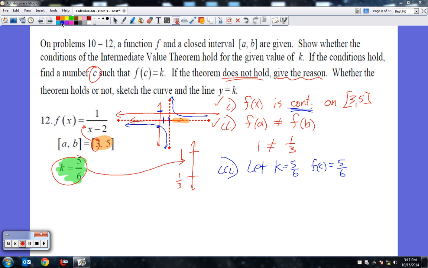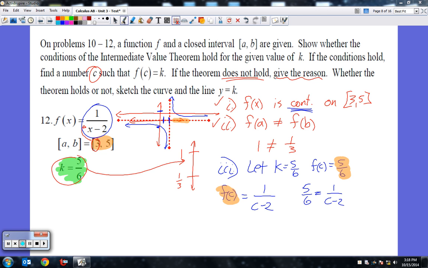And we're basically going to solve for c. Let's recopy my original equation: f of x is 1 over x minus 2, so f of c is 1 over c minus 2. This is just going to be replaced where you see f of c, so that we get 5/6 is equal to 1 over c minus 2.